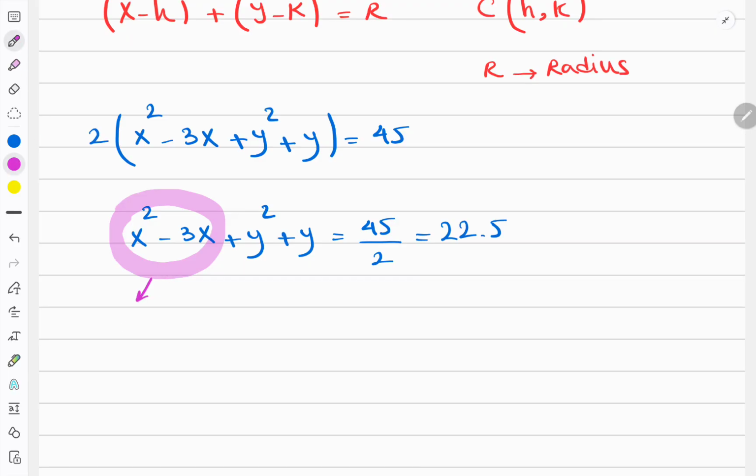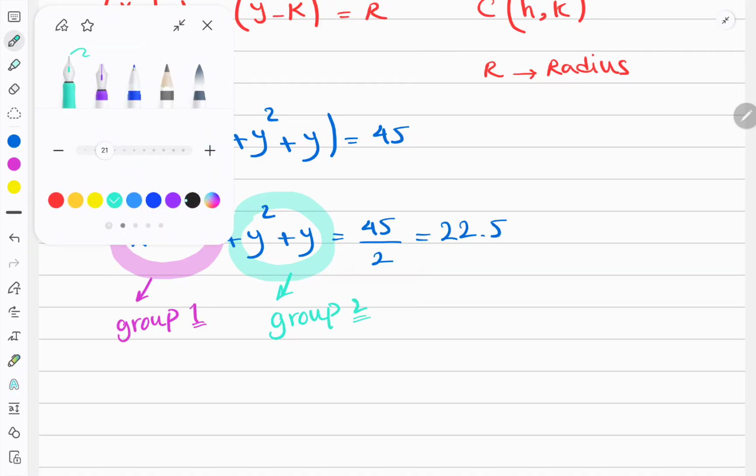Let's call this group 1. And then this one is group 2. So I'm going to go for the first one, group 1.